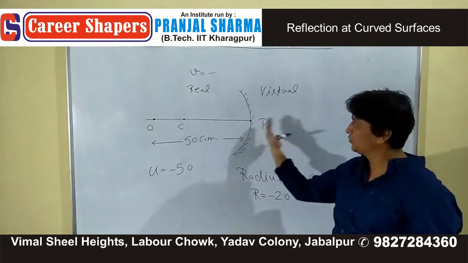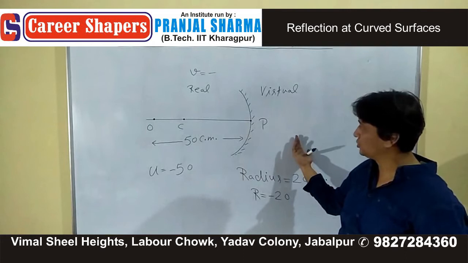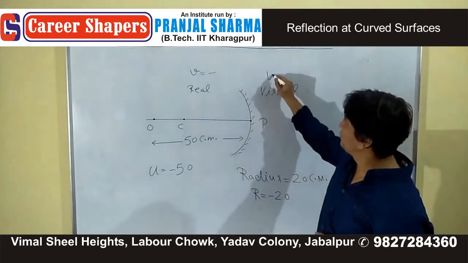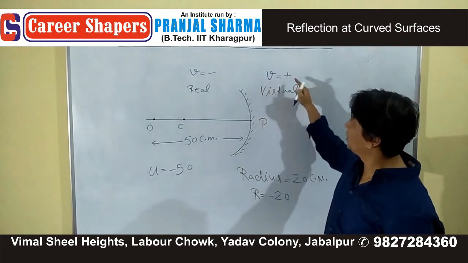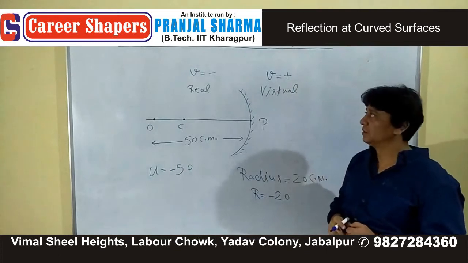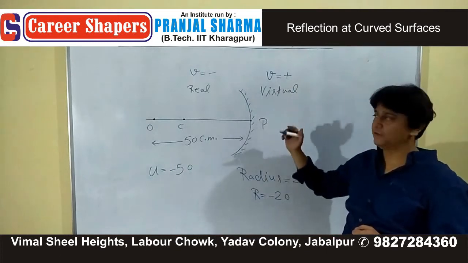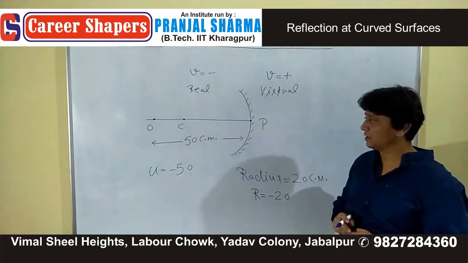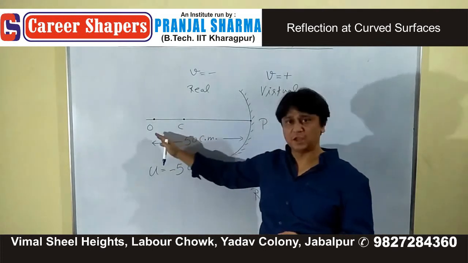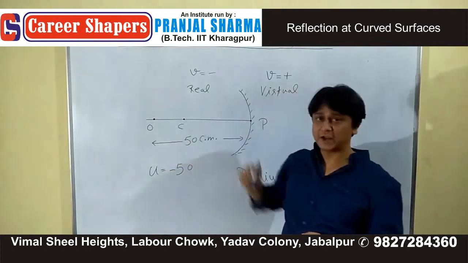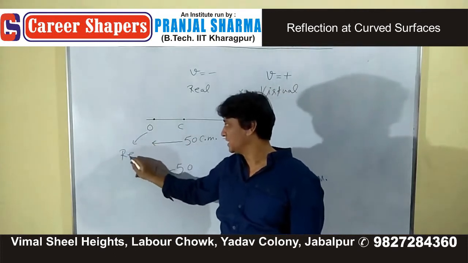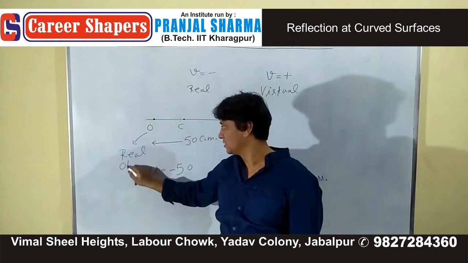If the image forms on the right hand side of the origin or the pole, then the right hand side you know is what? Positive. If V comes positive, that will give you what? Virtual image. For any question of concave or convex mirror, this object you can see is in front of the mirror on the real side, and therefore this object you can see is what? Real object.